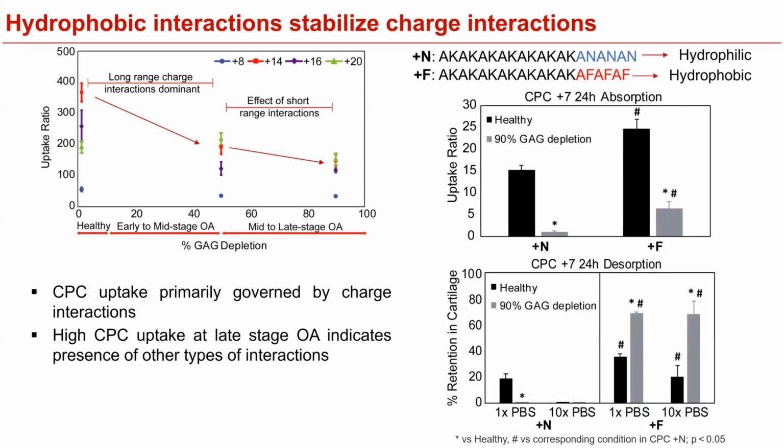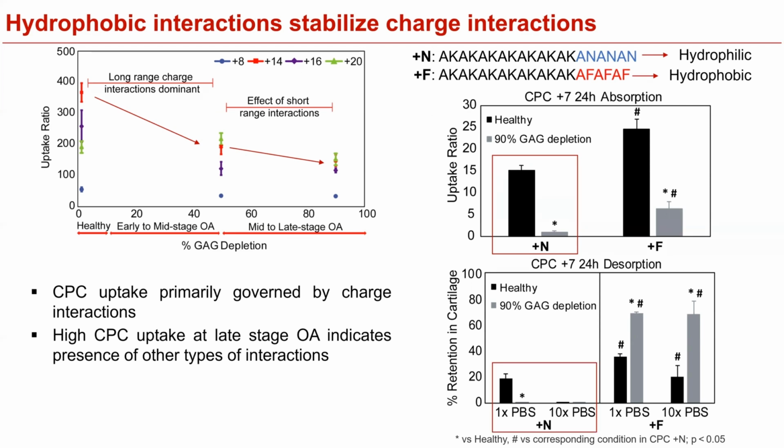To delineate the role of hydrophobic interactions from charge interactions, we used two lysine-rich CPCs of same size and charge, but one with a hydrophilic asparagine tail, termed CPC +N, and the other with a hydrophobic phenylalanine tail, termed CPC +F. We observed that the uptake of hydrophilic CPC +N reduced to less than 1 upon GAG depletion.